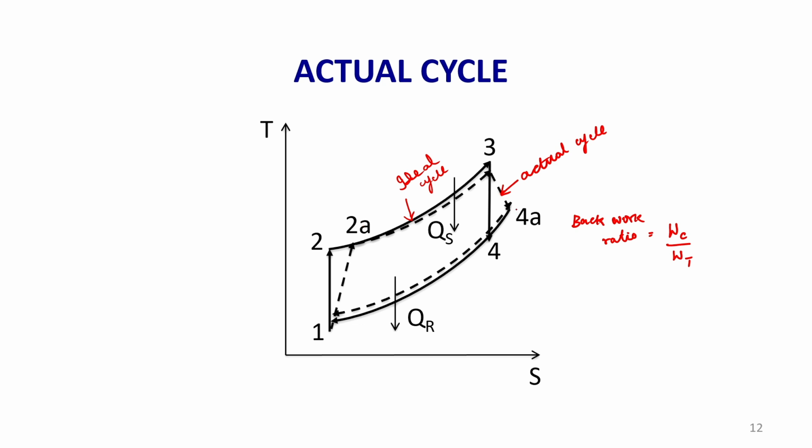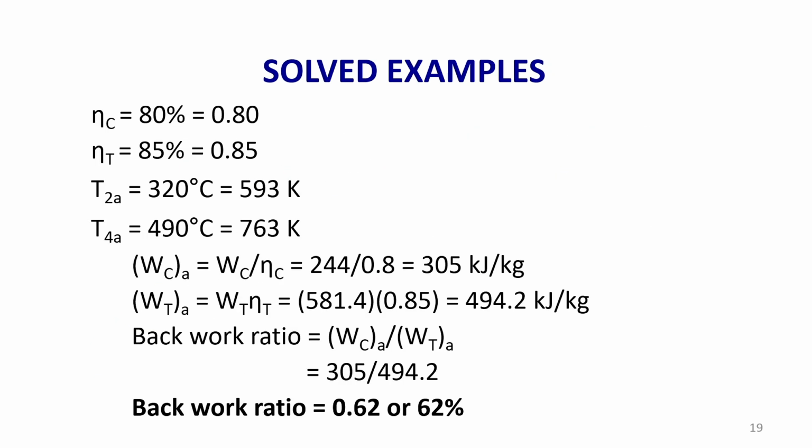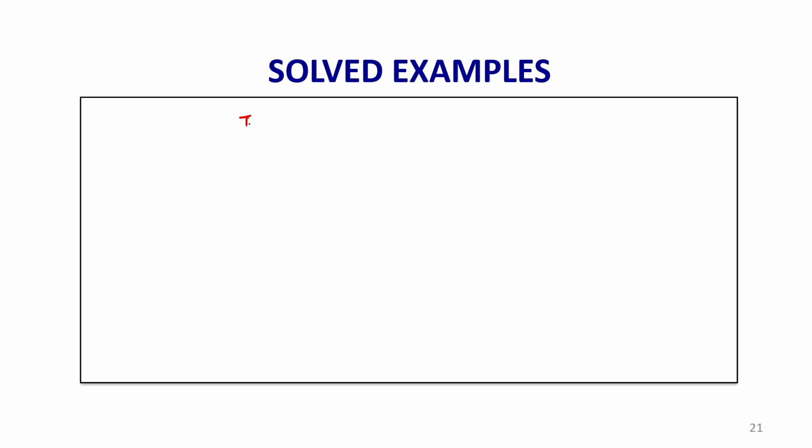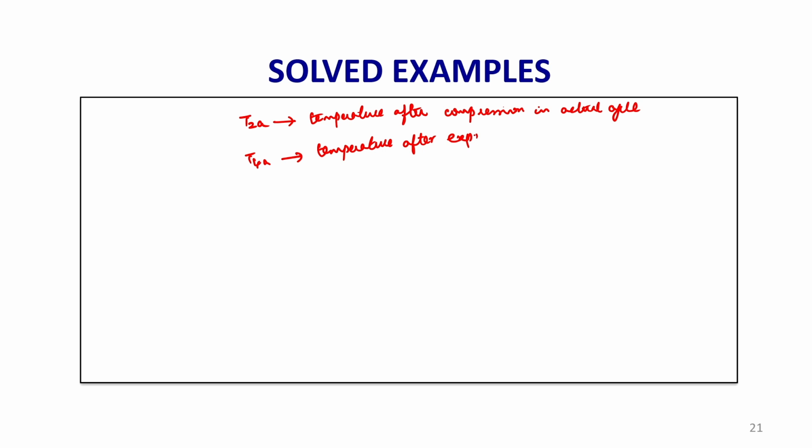T2A is the temperature of the working substance after compression in the actual cycle, not the ideal cycle, and T4A is the temperature after expansion in the actual cycle.